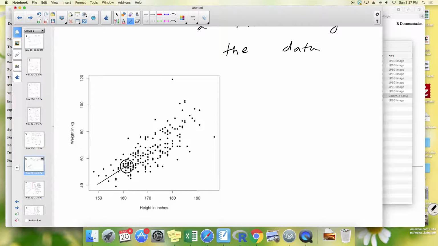Now I can put this line, my friend will come in and she can put this line, and maybe someone else will come and put this line. Somebody else comes and puts this line.